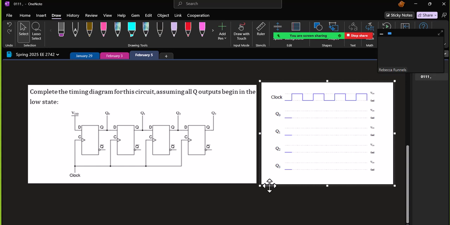So one of the things you want to check for these is first check and see if the clock is actually the input into the clock port on the flip-flop, and it is. So we know that they're all going to be operating at the same time at the positive edge of the clock. So we've got that. And they're all starting at 0.